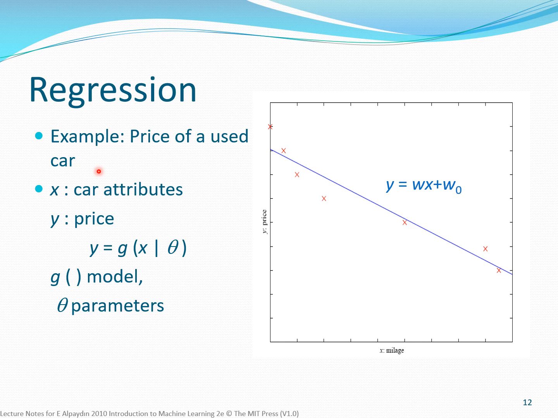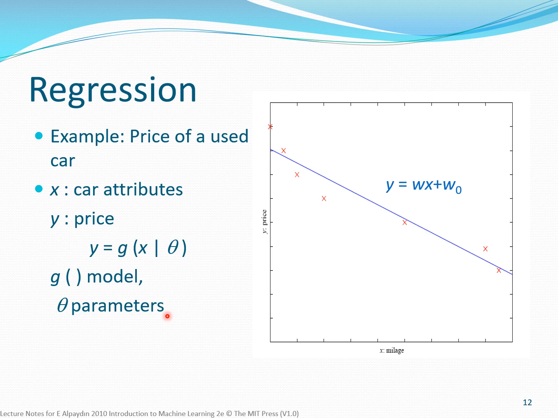Such problems where the output is a number are regression problems. Let's say X denotes the car attributes and Y be the price of the car. Given the formula y equals g(x | theta), g represents the model and theta represents the parameters.